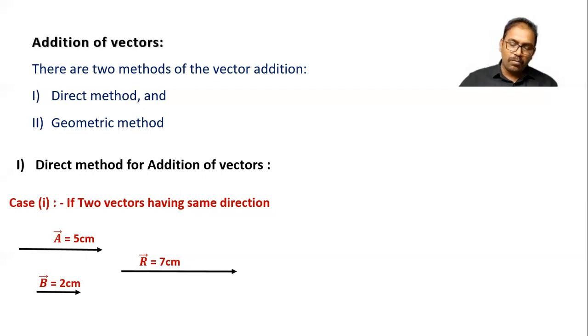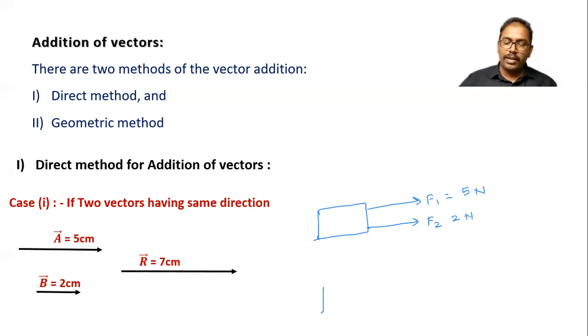For example, if this is a block, on this block we are applying a force F1 of 5 Newton, and we are applying another force of 2 Newton. Then this case is similar to the same block being applied with a 7 Newton force.